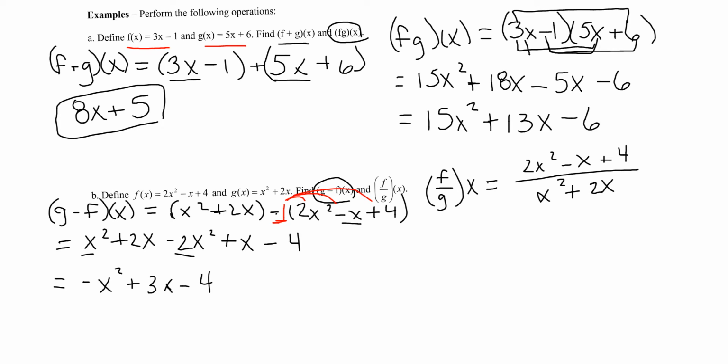And what you want to do here is see if you can simplify this at all by factoring. On the bottom, I know it will factor, we can factor out an x, so it becomes x times x plus 2, and then let's see about the top.